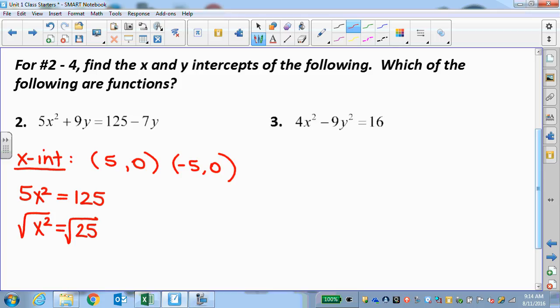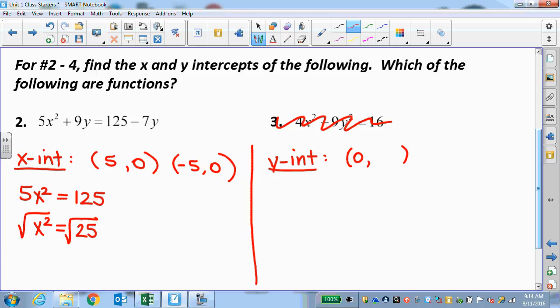And then we'll find our y-intercepts. To find our y-intercepts, what do we do? Okay, plug in 0 for x.